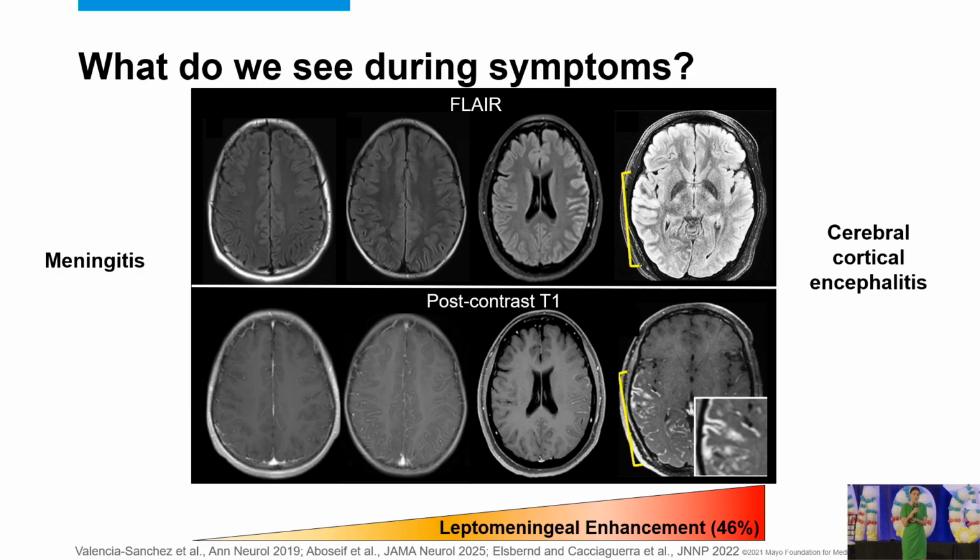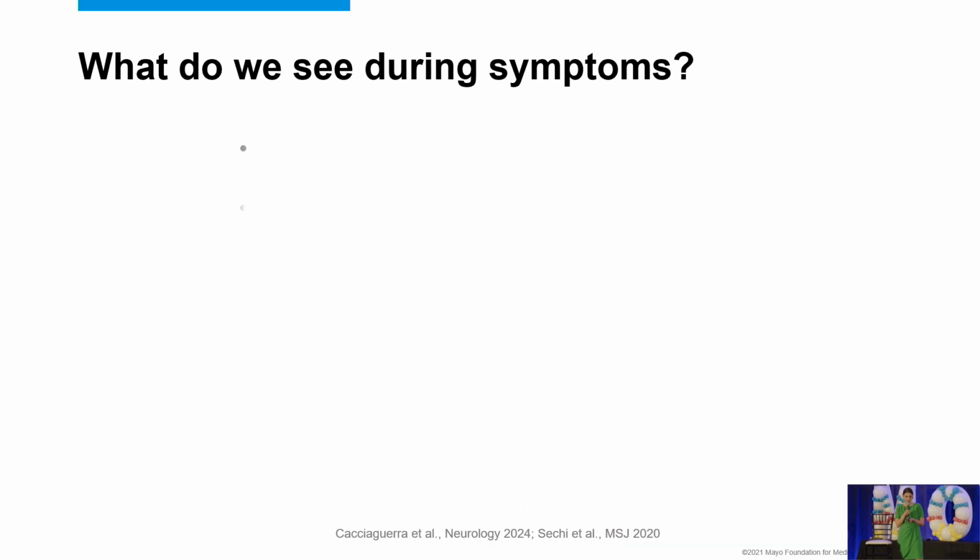And this leptomeningeal enhancement, this is the way it is called, is actually very informative, can discriminate between people with other types of brain inflammation, multiple sclerosis, neuromyelitis optica, and it's pretty common. Up to 46% of people with MOGAD and brain enhancement will have a leptomeningeal inflammation as well.